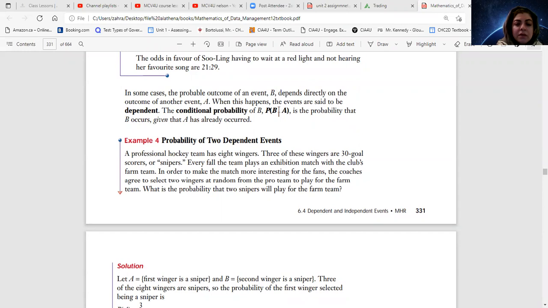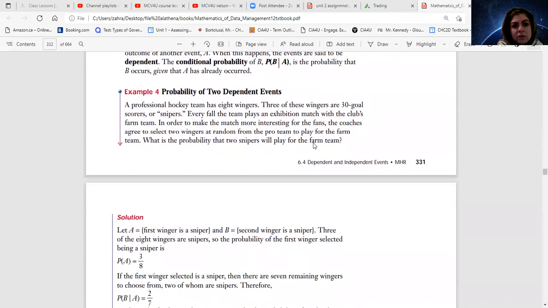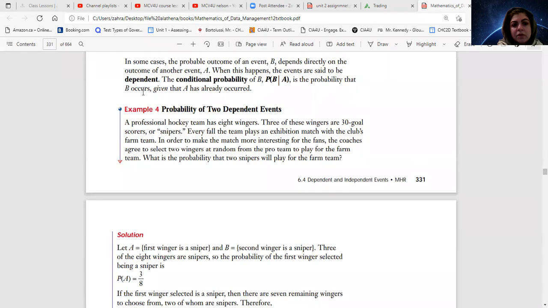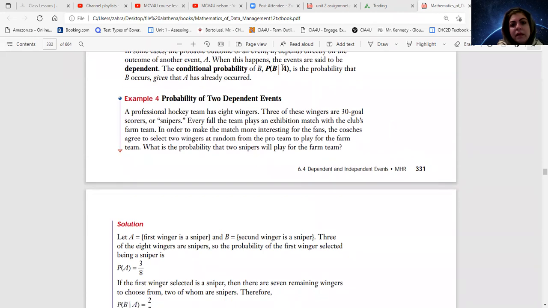So P of B given A is the probability of B when A already occurred. What is the probability of B when A has already occurred? I'm just correcting myself: P of B given A is the probability of B when A has already happened or occurred. It is the probability of two dependent events.